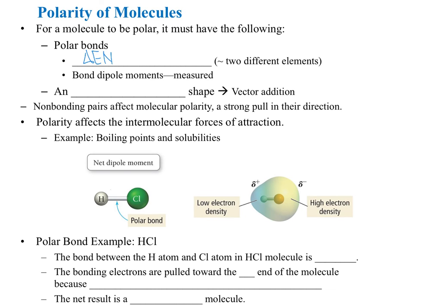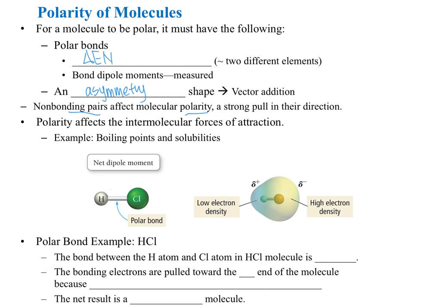What also gives us polar bonds or a polar molecule is if we have asymmetry in our shape. So basically, when we have these lone pairs, they're going to make a molecule be polar because they affect the symmetry. They make the atoms that are attached, their dipoles not cancel out.